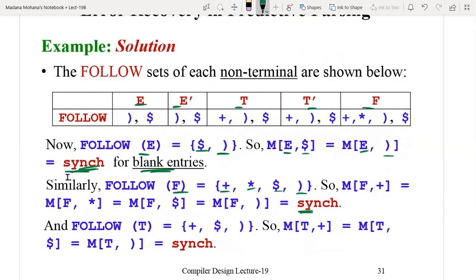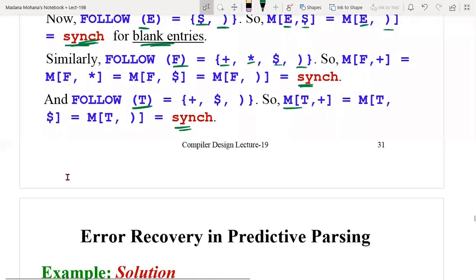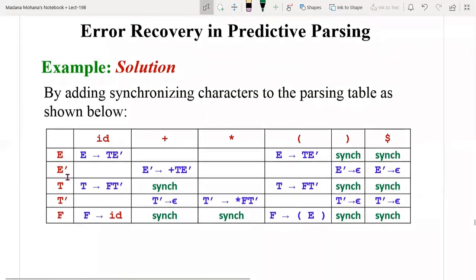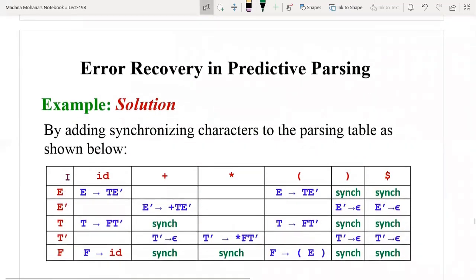Similarly, follow of T. Here we considered E, T, F, let us assume. Now by adding the synchronizing tokens, let us see the modified table. Here you can see, first, E on right parenthesis was previously blank; now the synchronizing token is added. Then E on dollar was previously blank; now the synchronizing token is added.